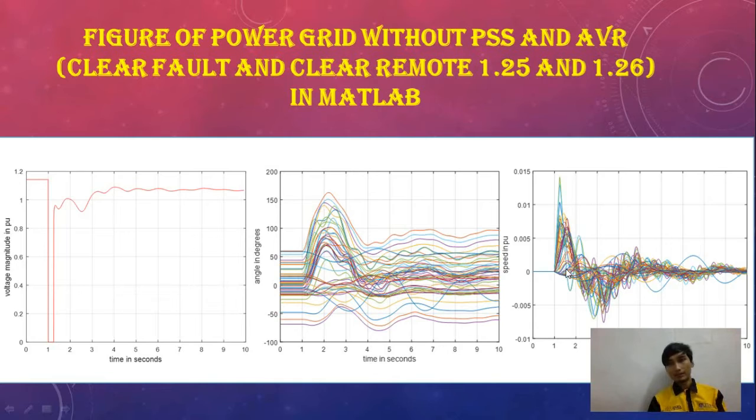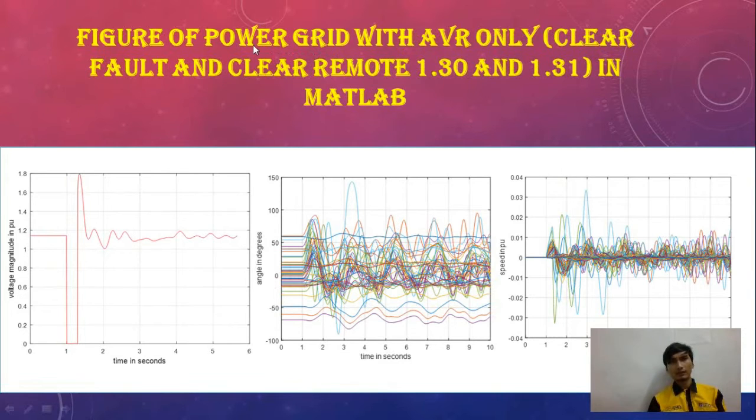And about the speed of generator versus time in seconds, there is a large increase of speed of the generator after 1.2 something, and it starts to decrease and achieves stability in the power grid.